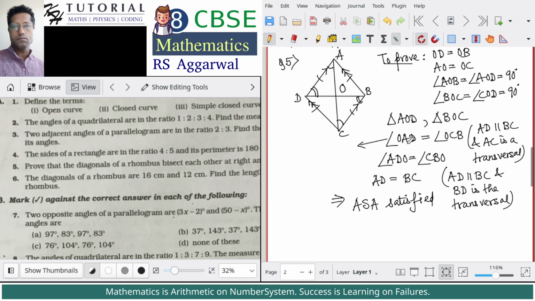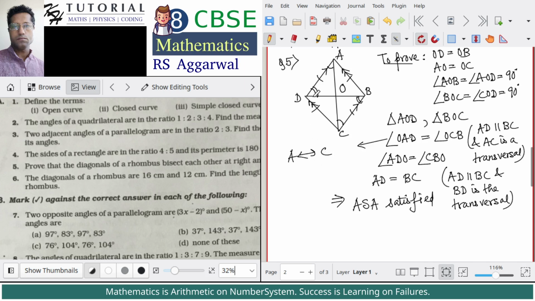Now, angle OAD equals angle OCB implies that A corresponds to C, because in triangle OAD, the angle OAD is at the vertex A, and in triangle OCB, the angle OCB is at the vertex C. So A must correspond to C.